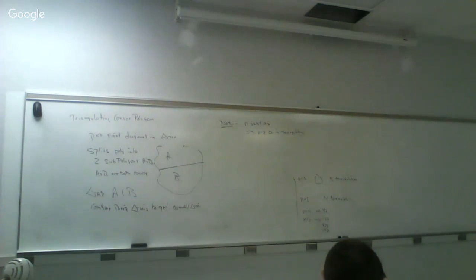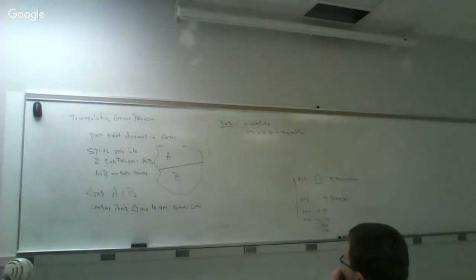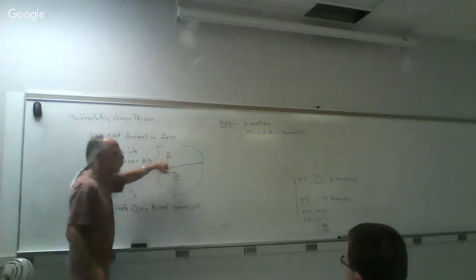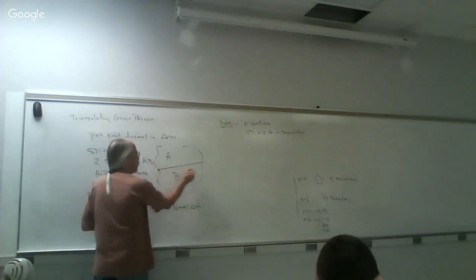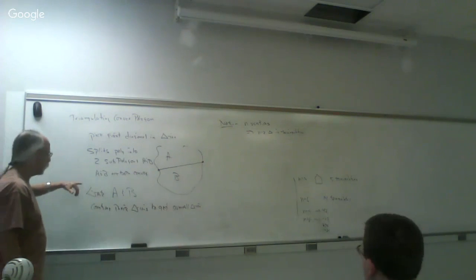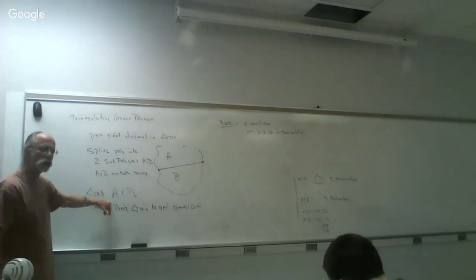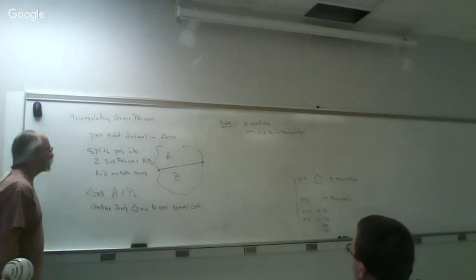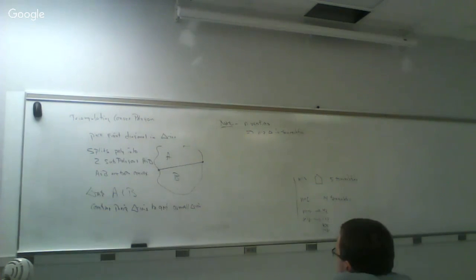So then counting the number of triangulations that result from this one diagonal between these two vertices, there's something that feels and smells a bit like recursion happening here.